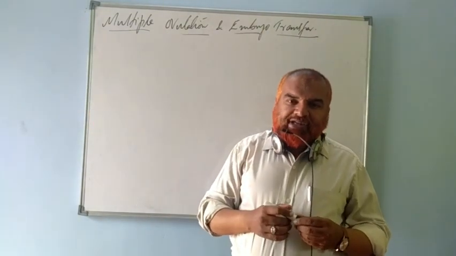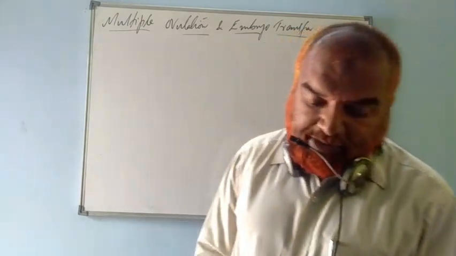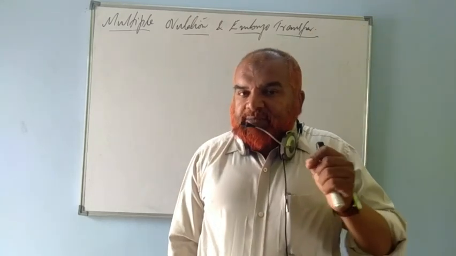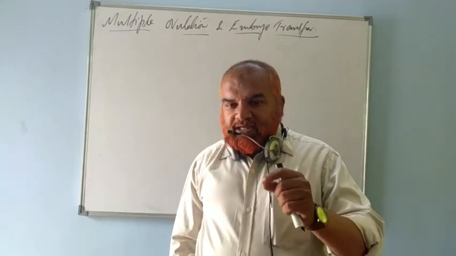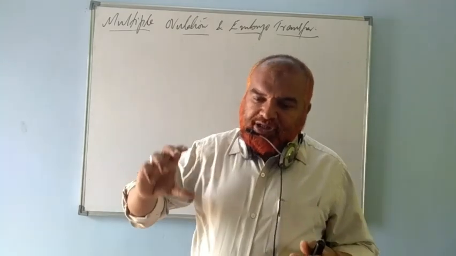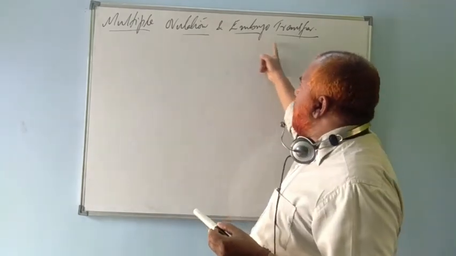In your final exam, it can be asked. A few years back, many students got confused by this question: explain the technique used to increase the size of the herd in cattle, to increase the number of the cattle. Which technique is used? Multiple ovulation and embryo transfer.